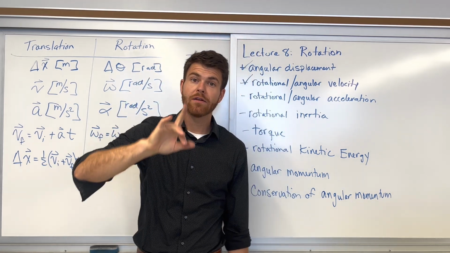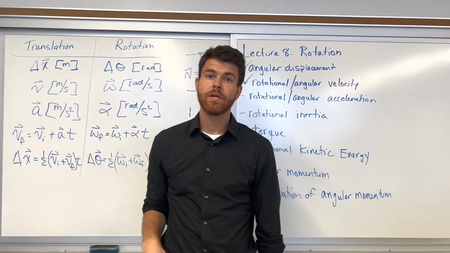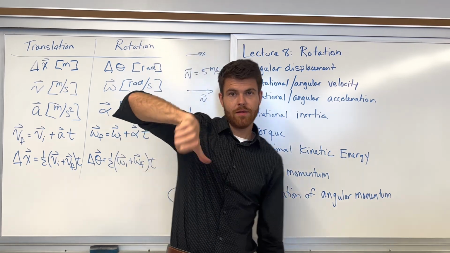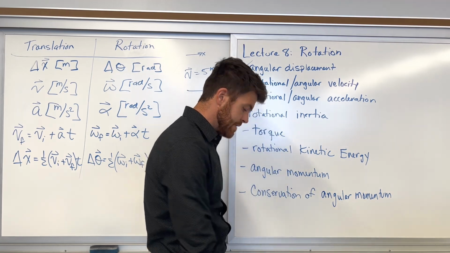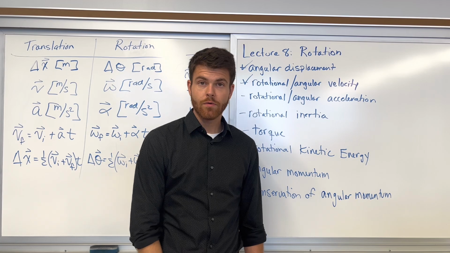So my angular velocity and angular displacement vector is pointing this way. If I was rotating the other way, you've got to wrap your fingers around this way in the direction I'm rotating, and my thumb points down. So now my angular displacement and angular velocity vector are pointing down that way along the rotational axis.